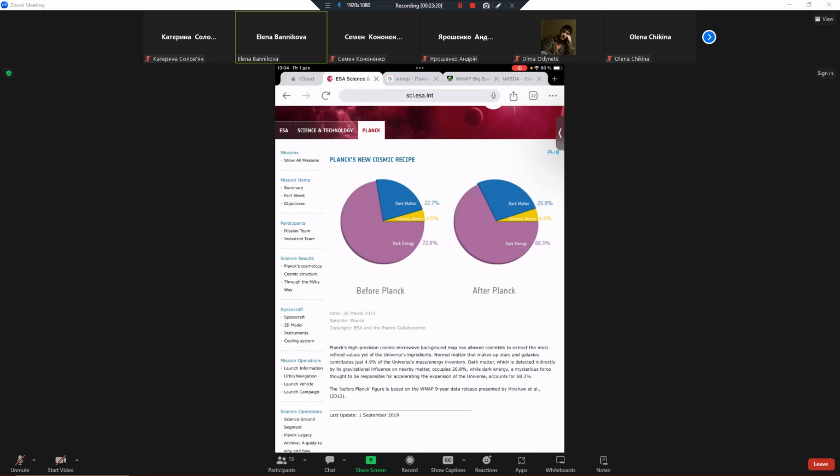If you look at the universe from the point of view of energy density, the ordinary matter, which we can see as galaxies, planets, everything, is just 5%. So it's really fortunate that this ordinary matter exists. And as you can see, much more, approximately 95%, is dark matter and dark energy.